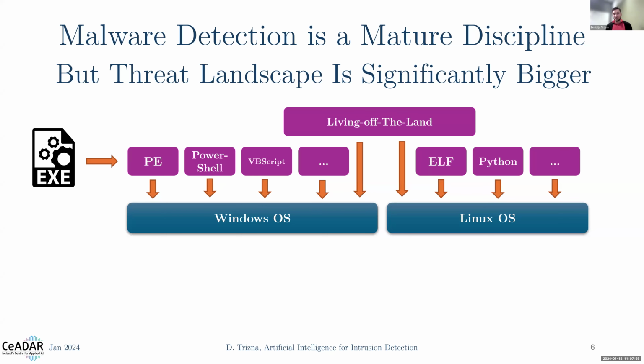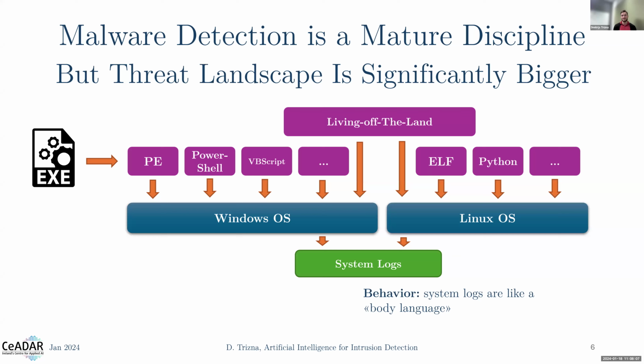And how to catch this behavior? You surely cannot do this from just analyzing the applications when they run. And the answer is system logs. System logs basically are the behavior of a system, like a human does something, and you can see from his behavior what he's up to. The same can be applied to the system, basically any operating system, application, or something.